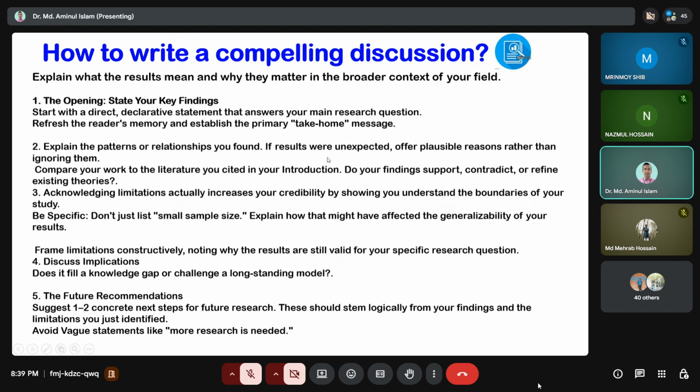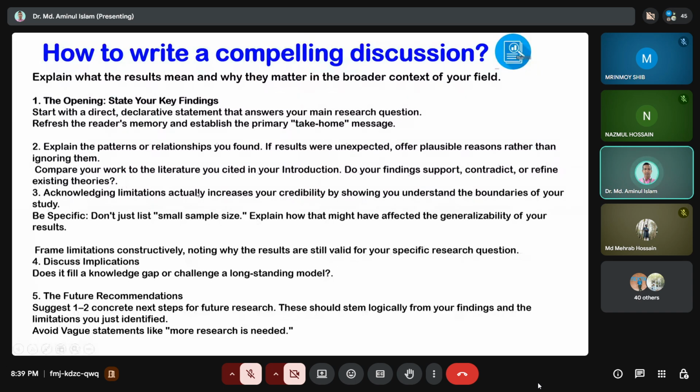If results were unexpected, then you need to explain the reason why your result is like this and compare your work to the literature you cited in your introduction. So, do your findings support, contradict, or refine existing theories?